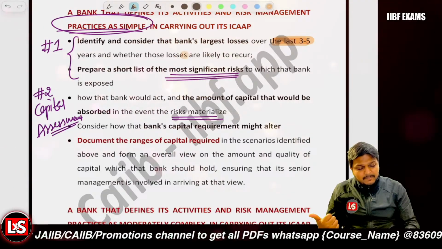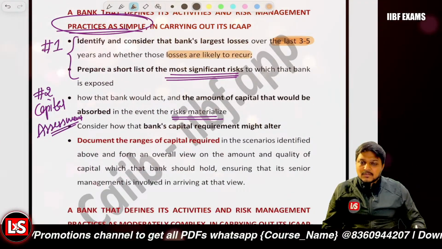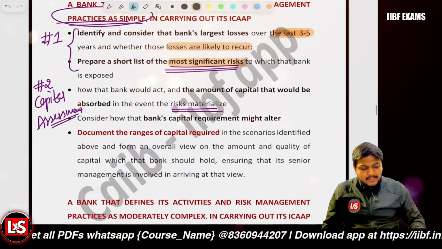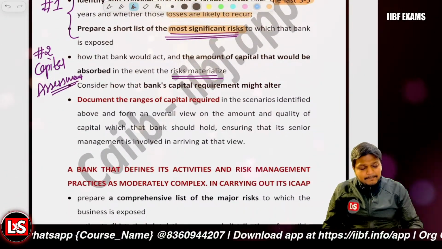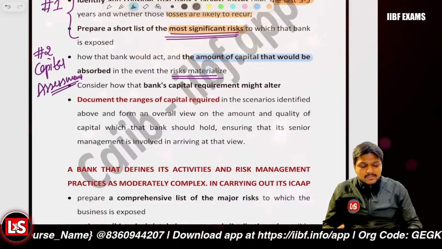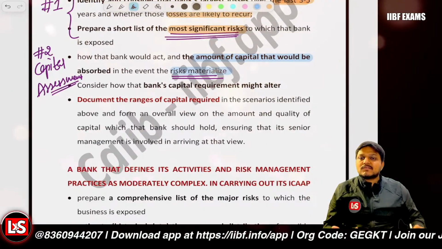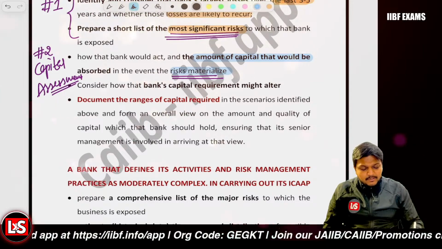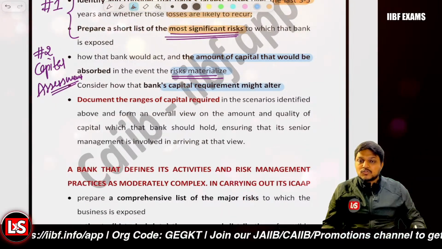And further, we looked at whether those can reoccur, and we prepared the list of the most significant risks. Then we find out what capital would be required to absorb such risk if those risks materialize, and what will be the impact on the bank capital requirement later on. So we have to look into it.